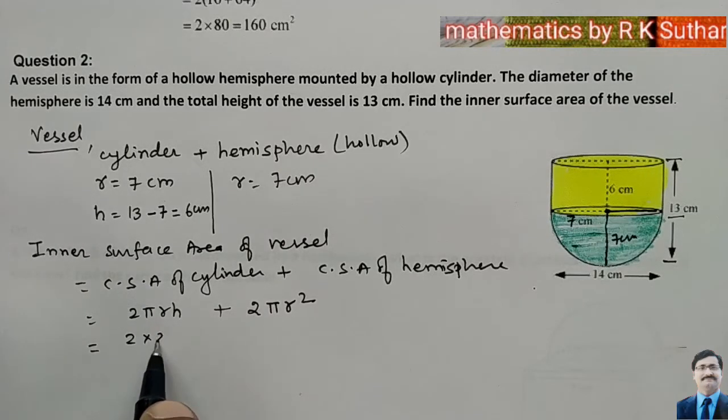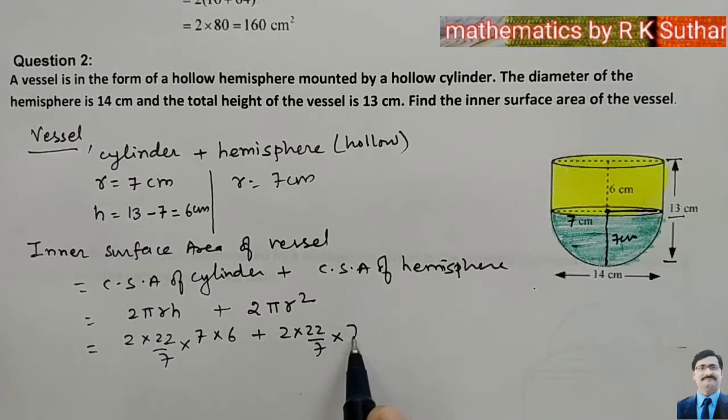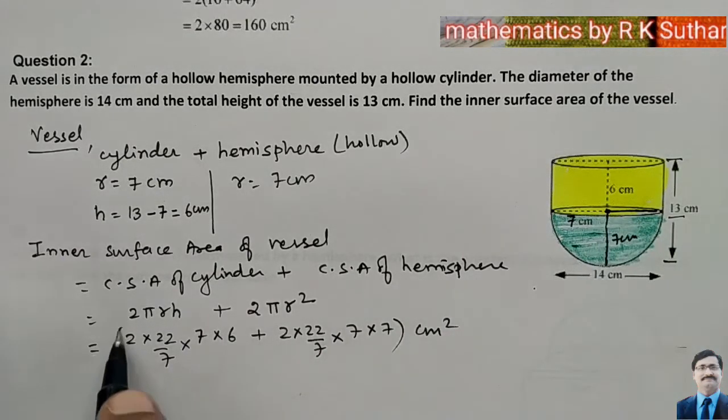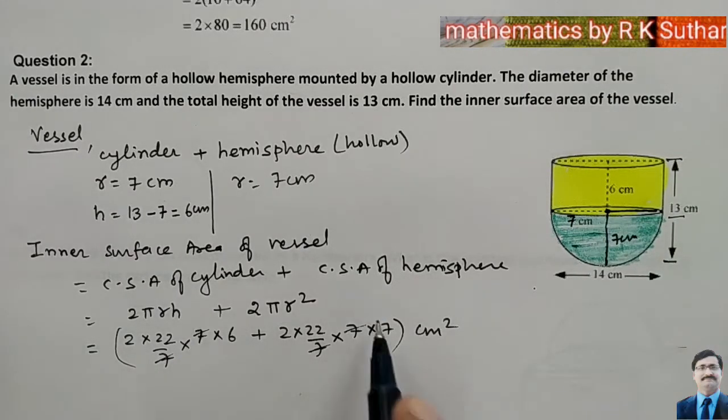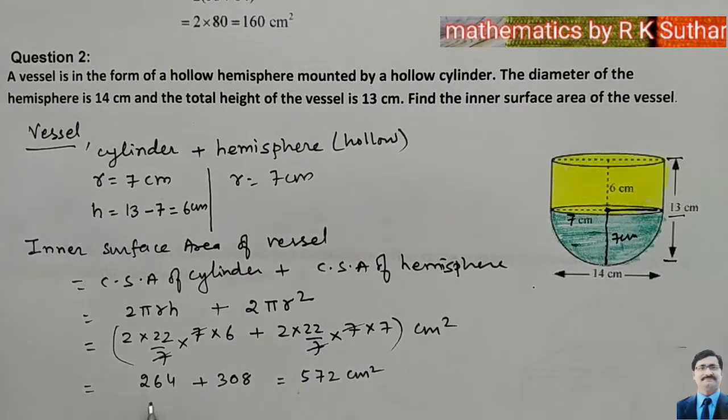If you want you can write the values. 2 into 22 by 7 into r, which is 7, and h, which is 6, plus 2 pi, which is 22 by 7, into 7 square, and this whole will be in centimeter square. This 7 we can cancel, also this 7 we can cancel. We multiply these and get 264, and 44 into 7 we get 308, and these both added give 572 centimeter square.